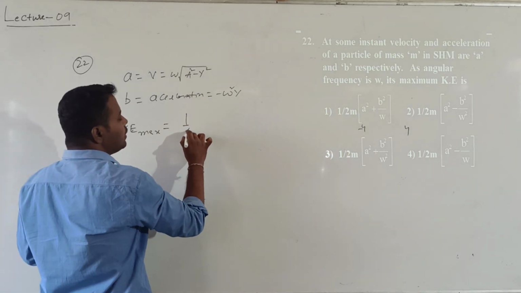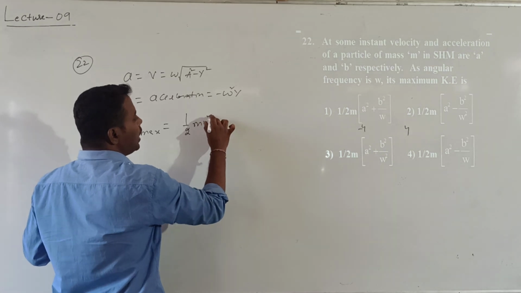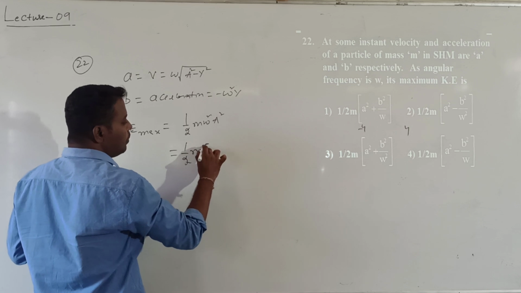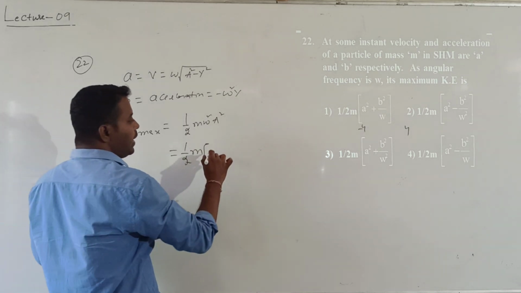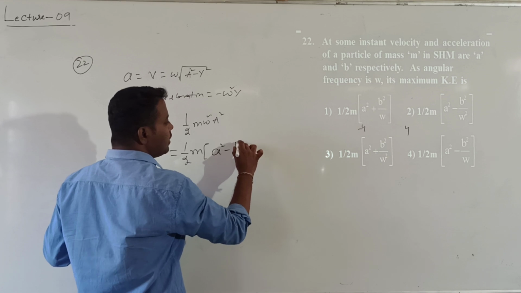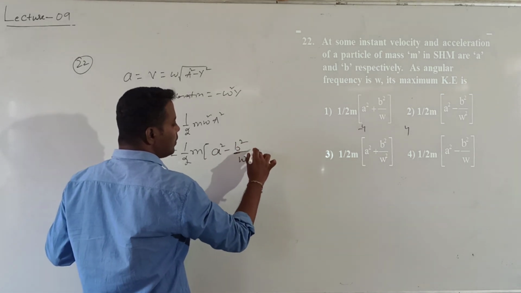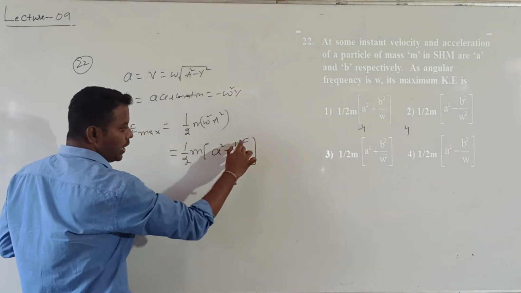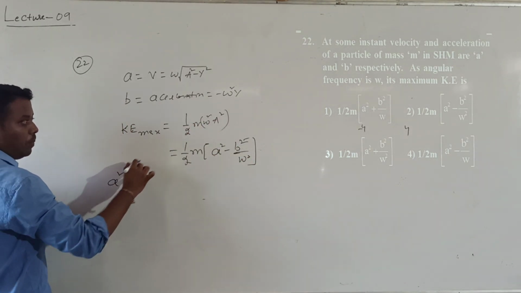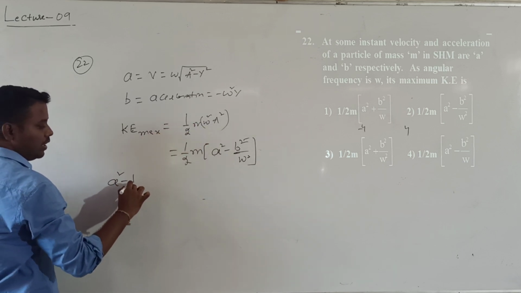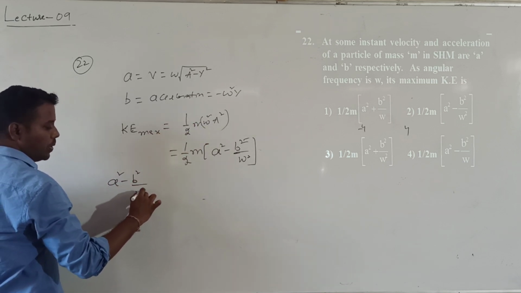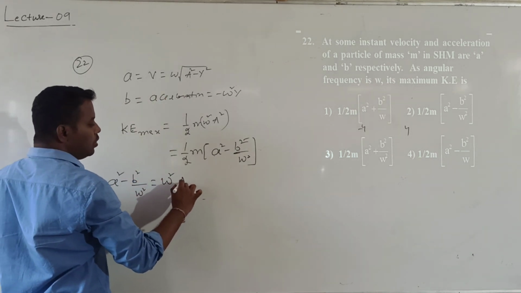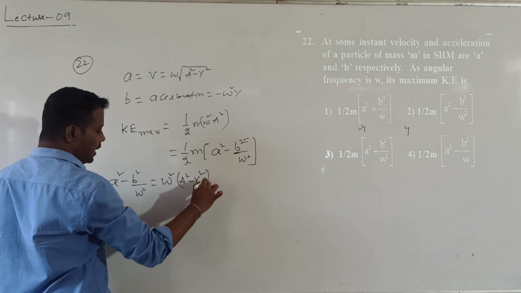So the maximum kinetic energy formula is 1 by 2 into m omega square into a square, which can be written as 1 by 2 into m into a square minus b square by omega square. If you want, you can check it. In place of omega square into a square, what is a square minus b square by omega square? A square value is omega square into a square minus y square, correct?